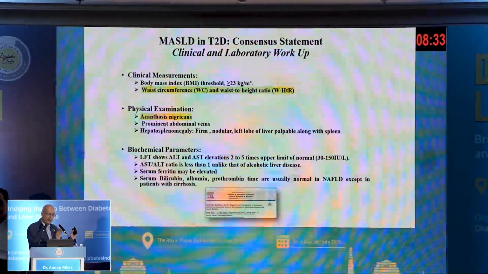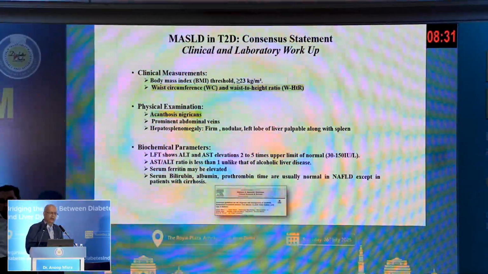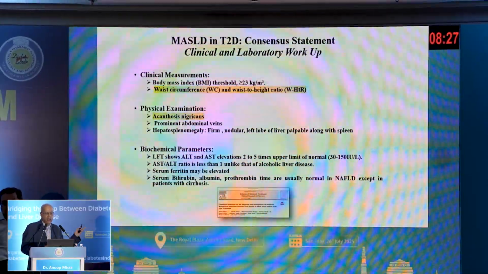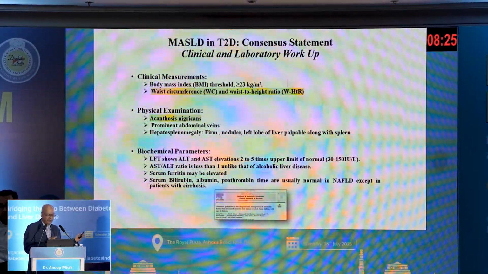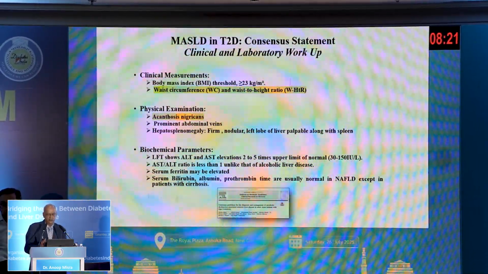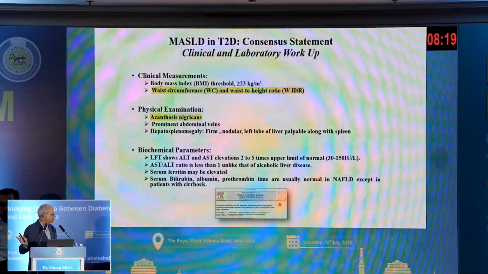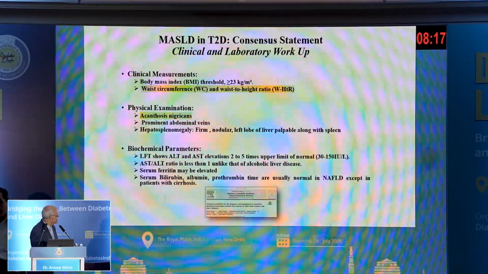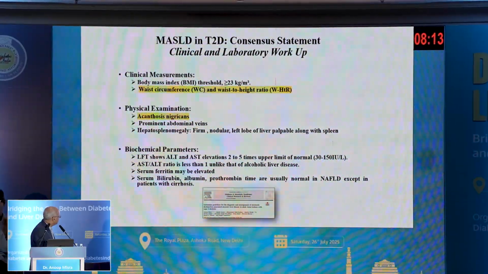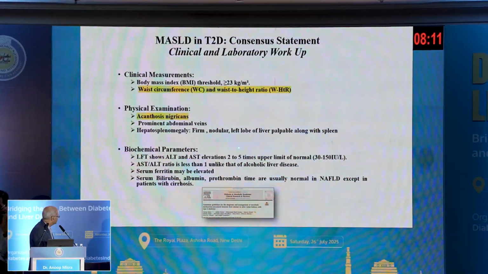Every diabetic patient coming to you should have two metrics. One, BMI more than 23, and waist hip ratio, waist height ratio or waist circumference. Now there are limits to waist circumference and waist height ratio, which you can look up, or you can ask Ashish or Amrita, and we will provide you all the details.